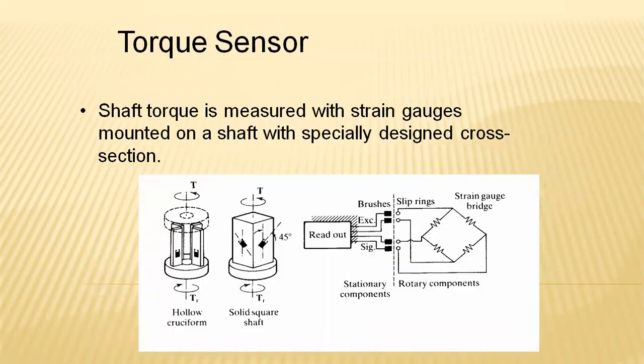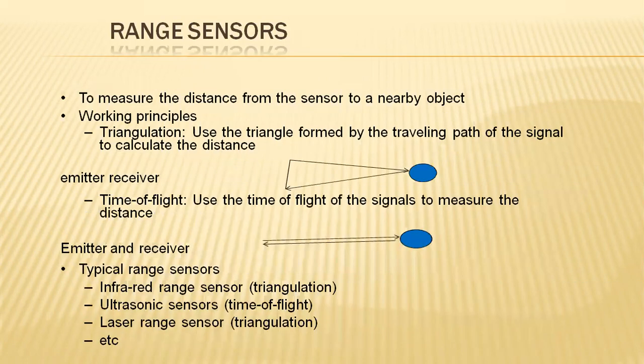Torque sensors use the shafts for identifying the RPM. The tachometer is the best example of a torque sensor. Range sensors are used to identify the time of flight, triangulation, and the distance to how far something exists.